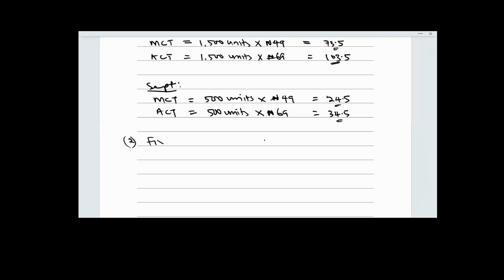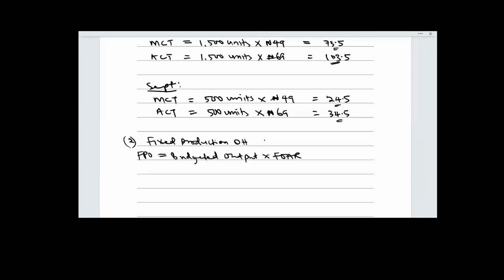So fixed production overhead, FPO, is computed as budgeted output or normal capacity level multiplied by the fixed overhead absorption rate. The fixed overhead absorption rate is your fixed cost per unit.